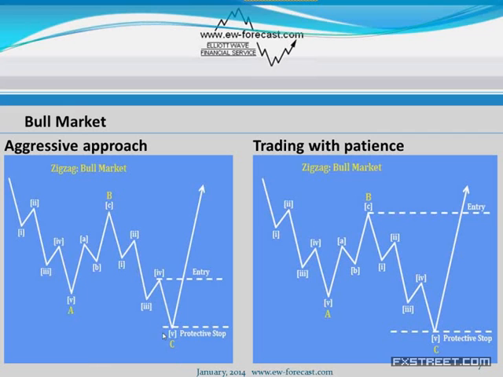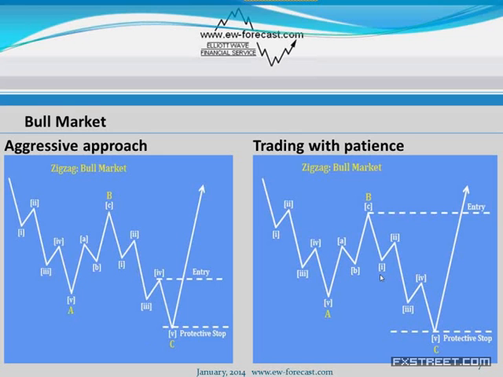This is an aggressive approach. It means that you are not going to wait for complete confirmation of the change of trend, but you would like to catch it in the early stages. Some traders try to catch this ABC move early, but later it can turn into a complex correction, a wave X pattern, which means the corrective move is still not over, so you will not get this bullish trend.